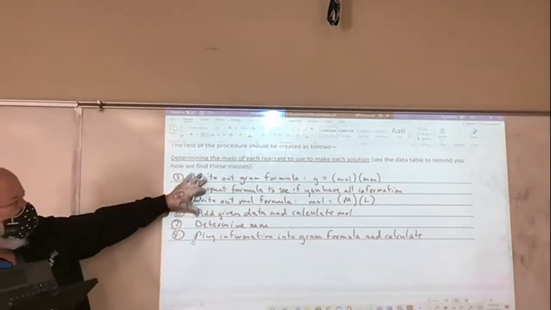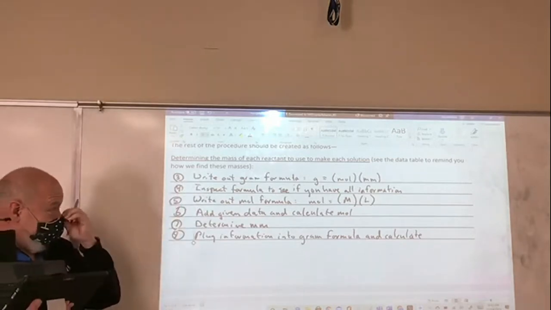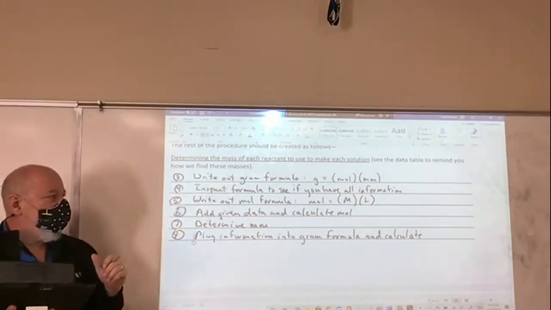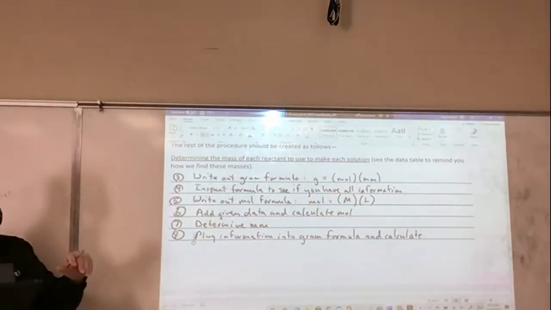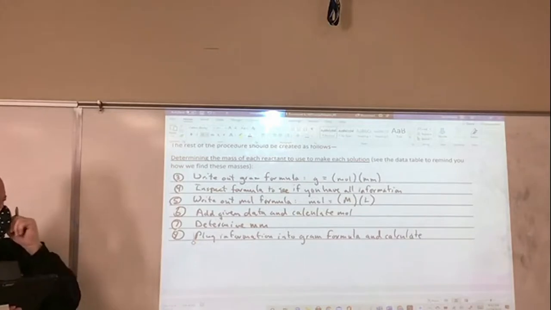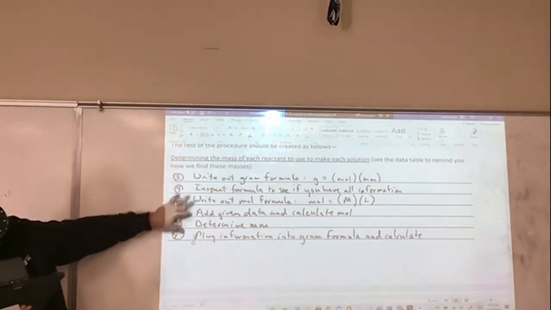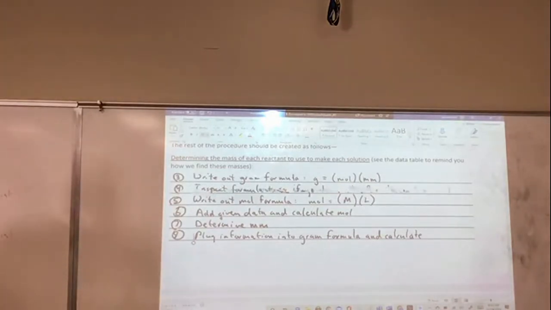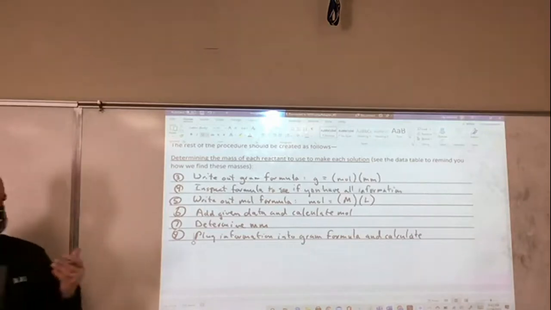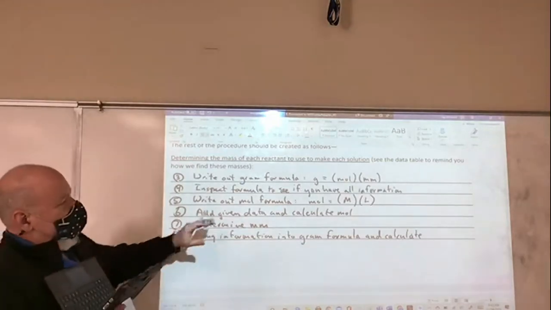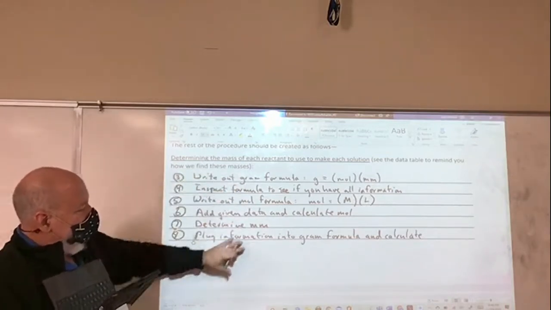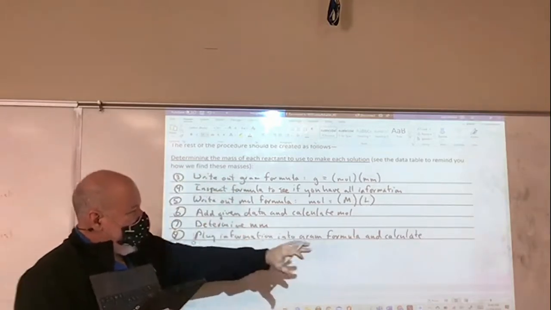So some of the things that I want to do, I'm trying out for the first time here, and this has kind of evolved over the last few days. So you're helping me to change my course a little bit. But for now, what we're going to do is create this, and then I'm just going to have you turn your packets in, okay? So I don't really care if you've run out of space and you have to write some of this down below or some of this in the margin.